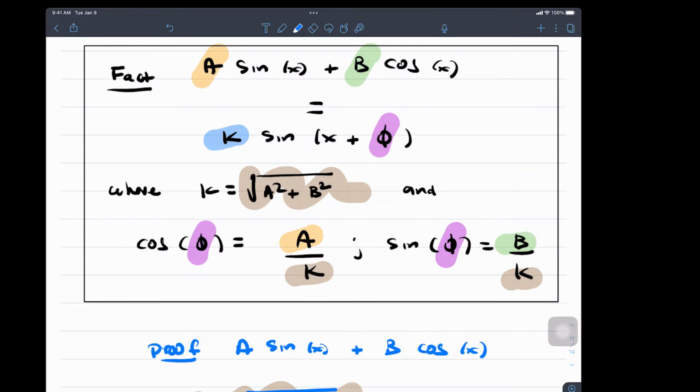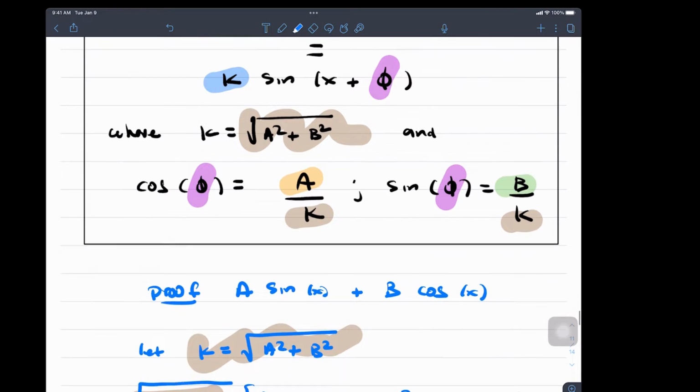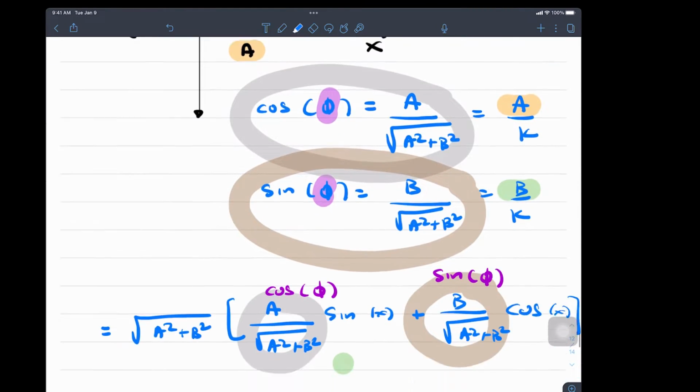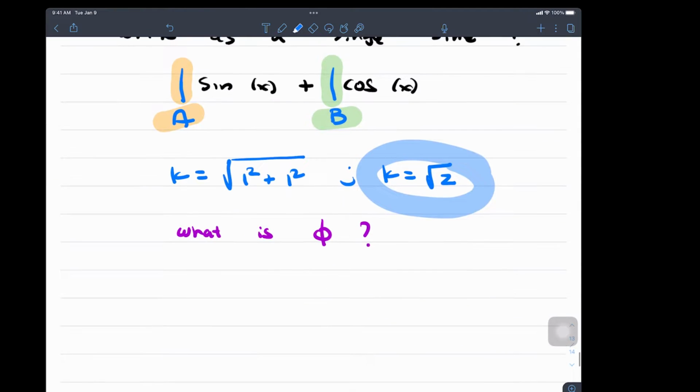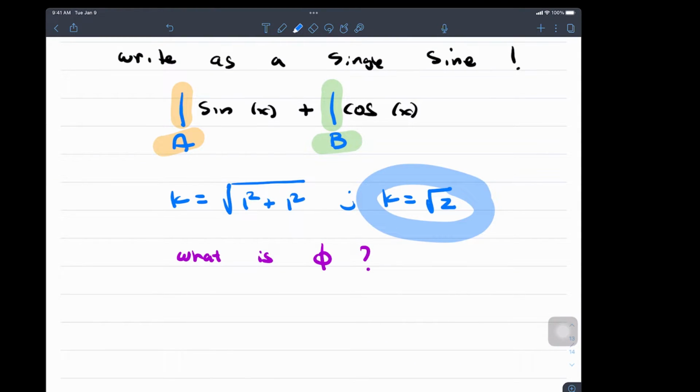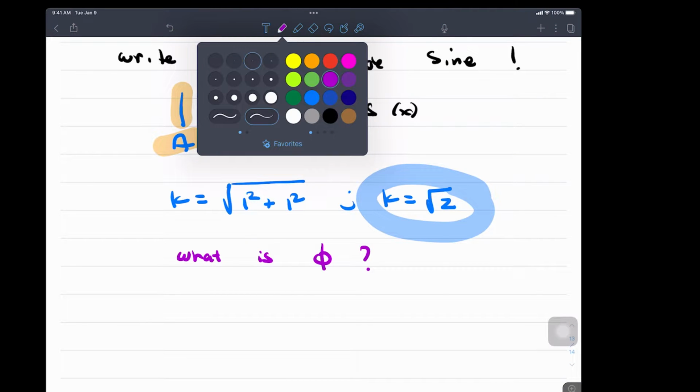So what is phi? So how do you guys think you're going to get phi? Do you guys know how you're going to get phi? How do we get phi?